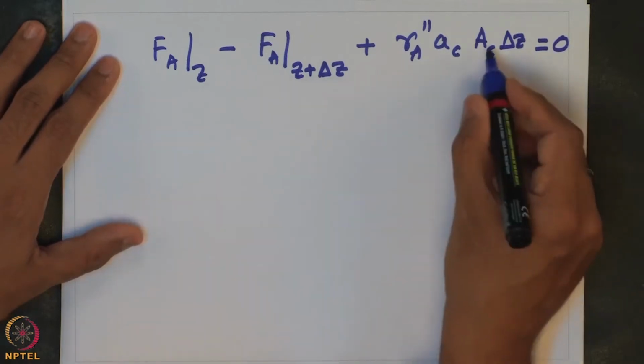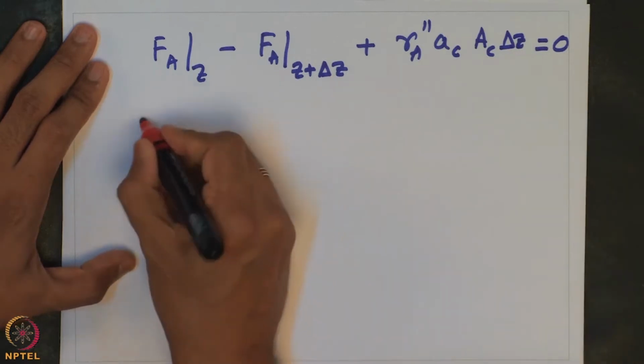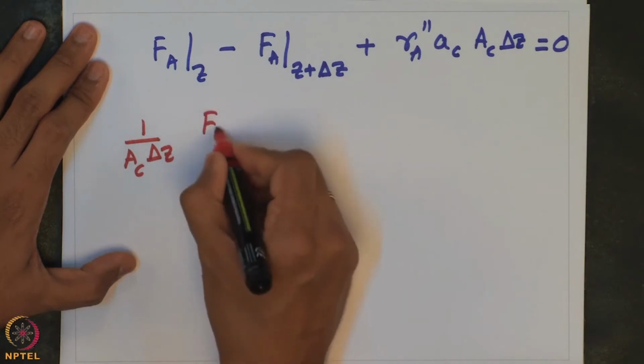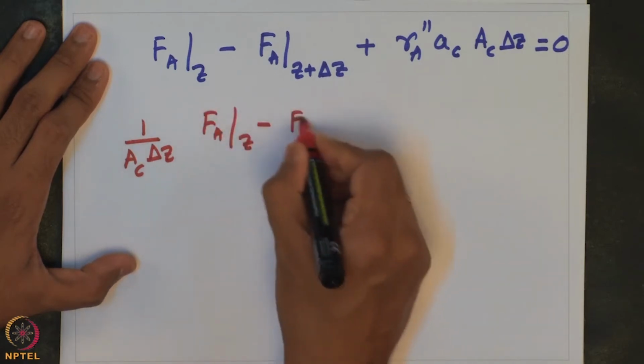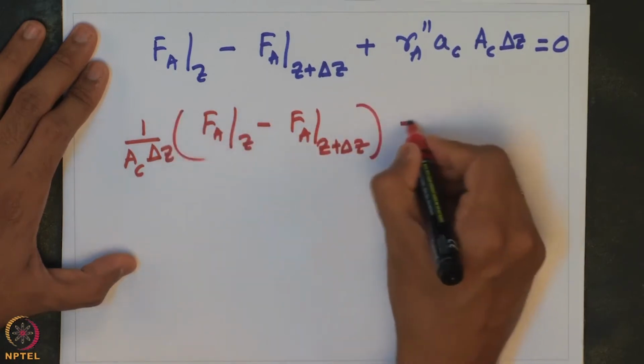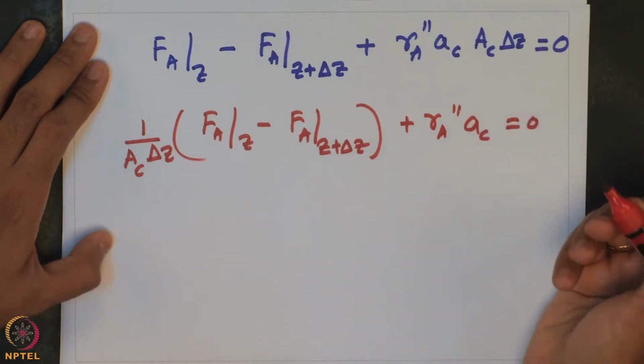So, now we divide this expression by Ac and delta Z. So, we can see that this can be rewritten as 1 by Ac into delta Z plus Ra double prime into a_c equal to 0.